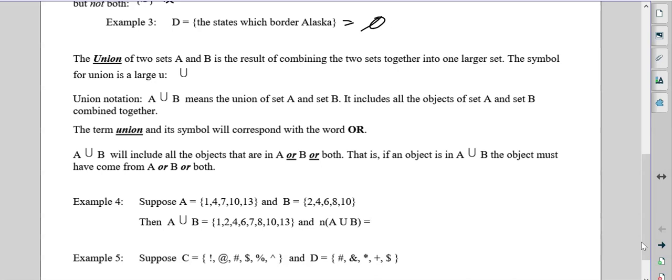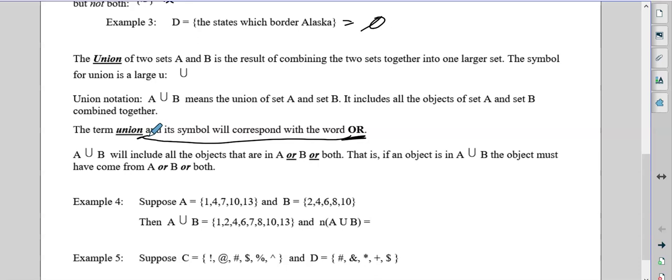Union notation A ∪ B, I'm just going to say U, means the union of set A and B. It includes everything in A and B together. The term union and its symbol will correspond with the word or. So that's important, okay? Because we're saying this or that, which means we're counting everything.